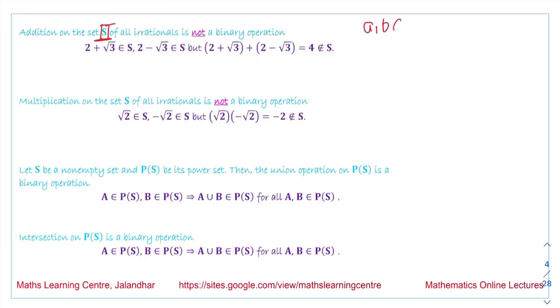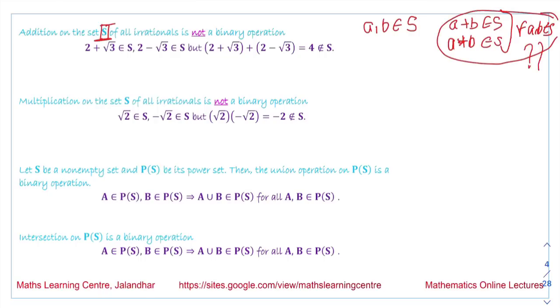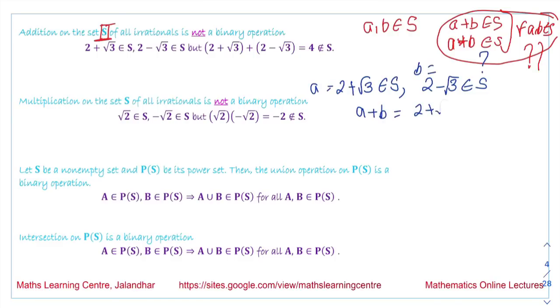We consider two elements A and B from S, and we have to check whether A plus B and A star B belong to S for all A, B belonging to S. Suppose we consider the element 2 plus root 3, which belongs to S, and another element 2 minus square root 3, which also belongs to S. Calling these A and B, A plus B is 2 plus root 3 plus 2 minus root 3, which equals 4, and this is not an irrational number.